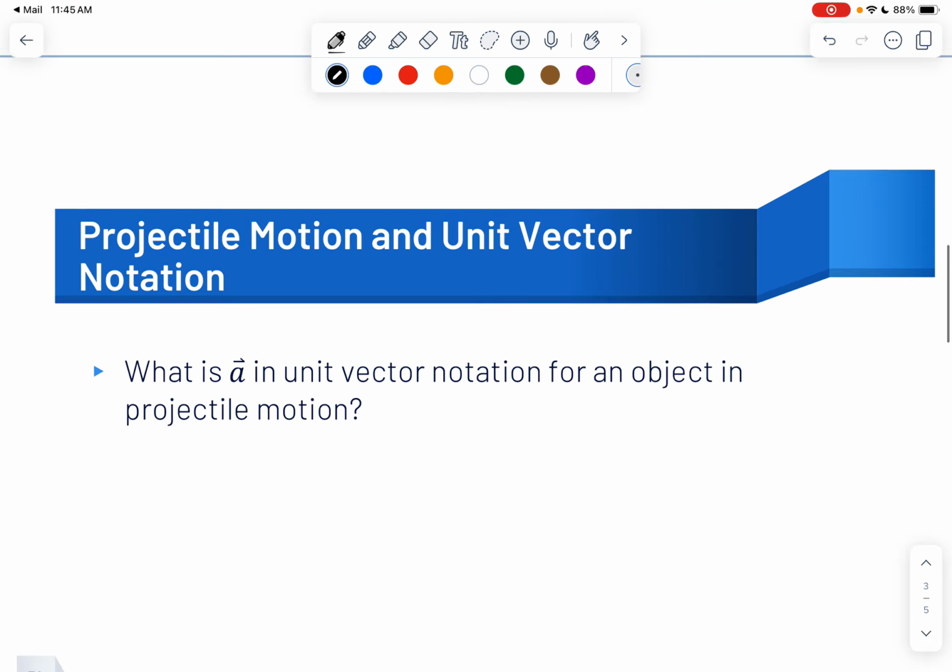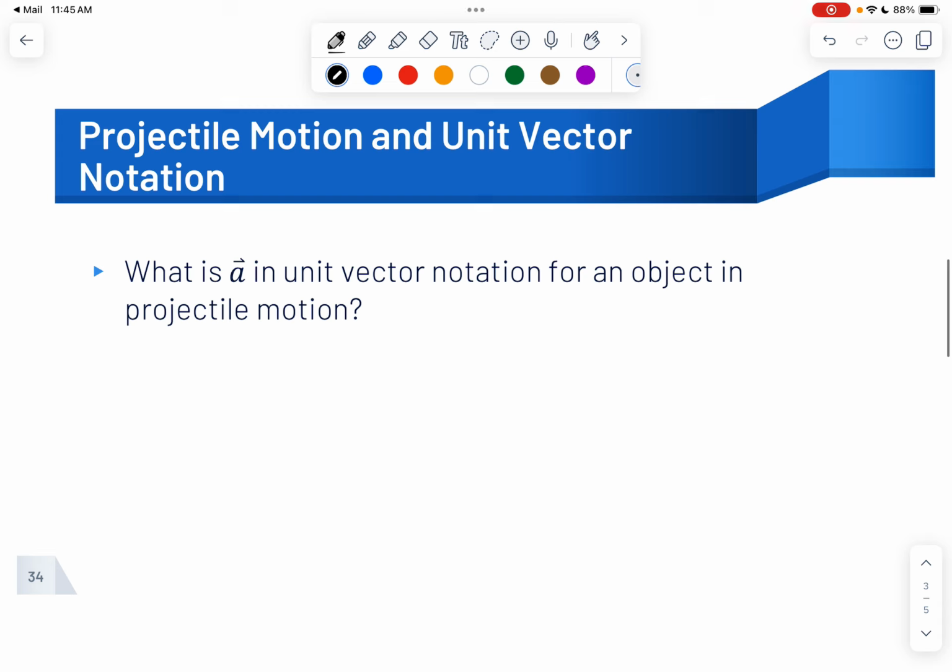So one thing we can do with this is if we are trying to describe, say, an object that is traveling in projectile motion, we want to figure out what our acceleration vector is in this unit vector notation. What we introduced before is that in the x direction, we always are going to have an acceleration of 0, so 0 i hat.